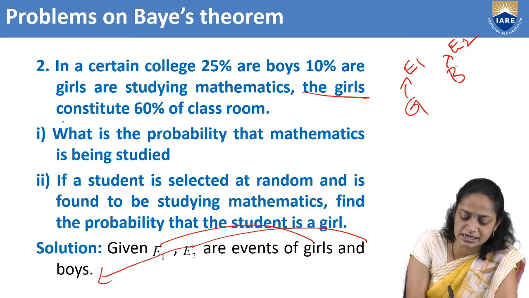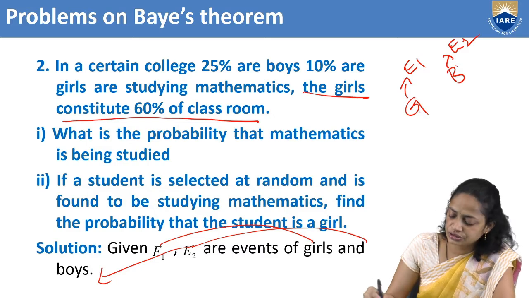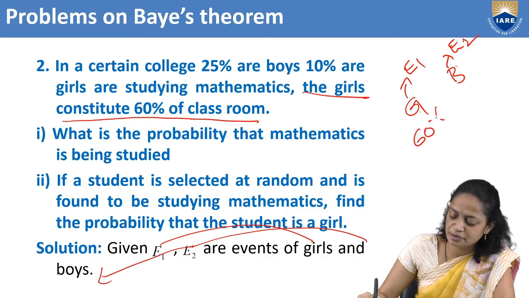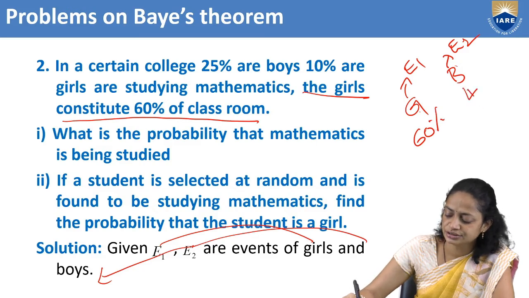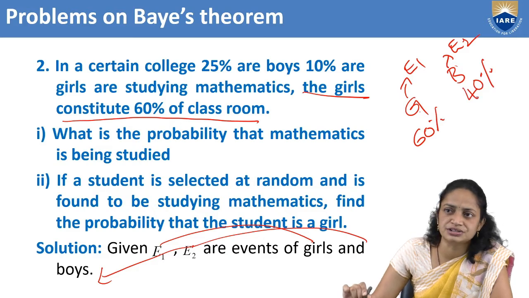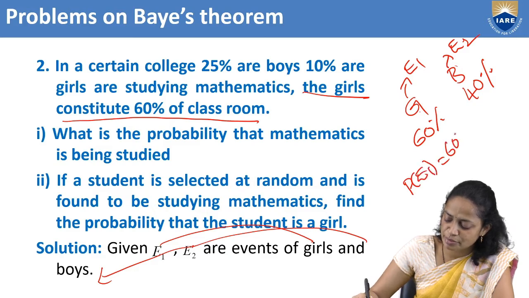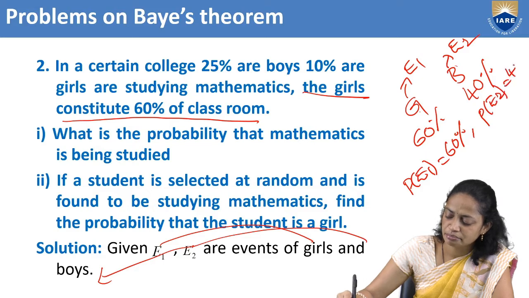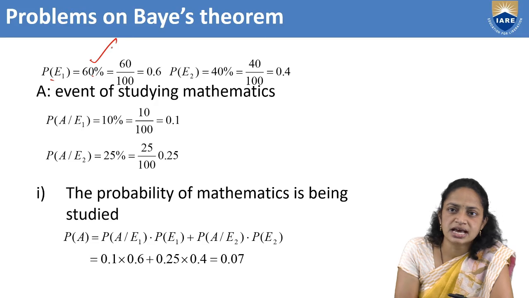The girls constitute 60% of the classroom. So the remaining are boys, right? How many remaining are there? 40% boys are there. So what is the probability of E1? P of E1 equals 60% and P of E2 equals 40%.